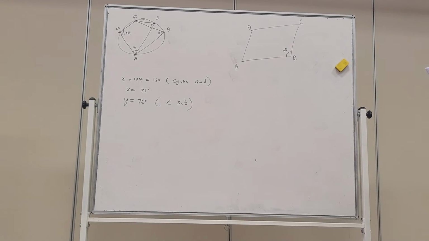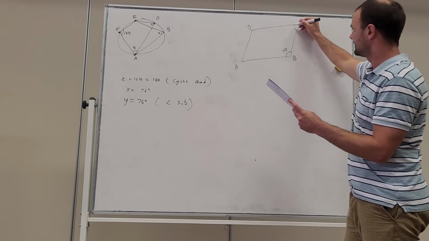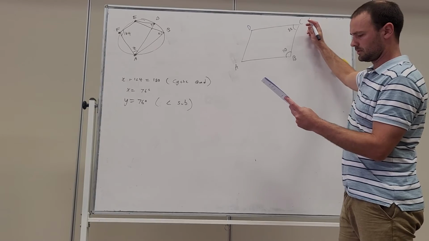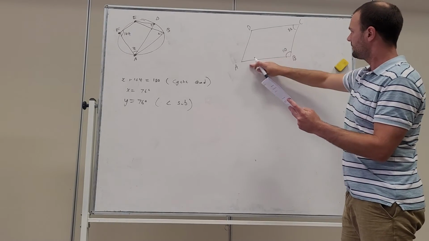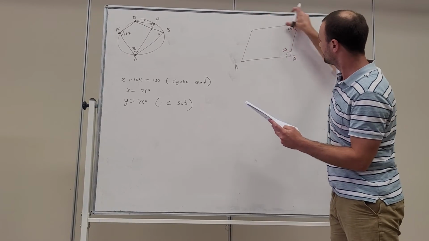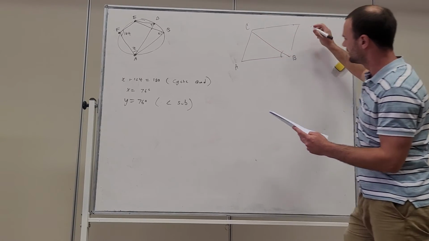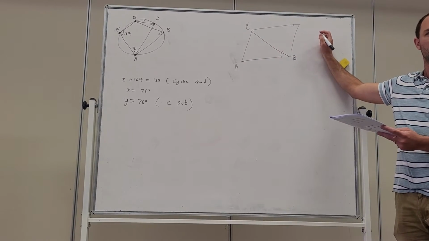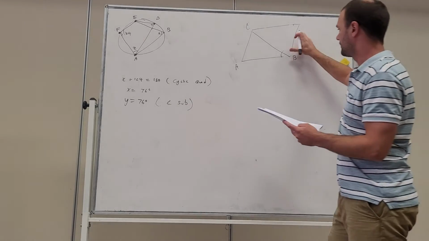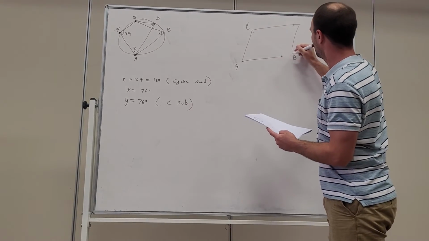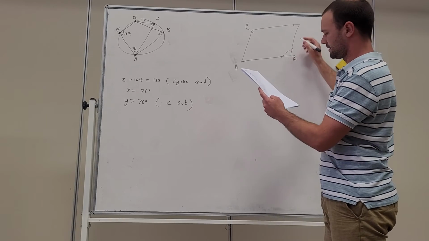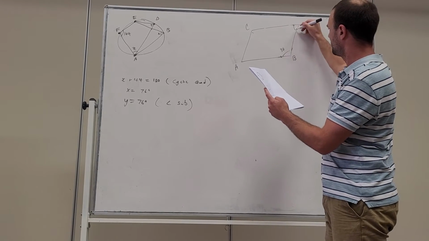And angle ACD is 80. I think I've messed them up. Angle ABC is going to be this angle here, so that's not very helpful. So let's do it like this: we've got 110 and we've got 80.